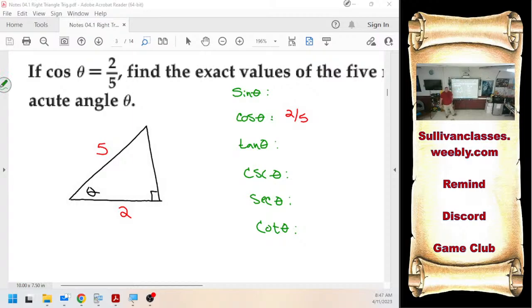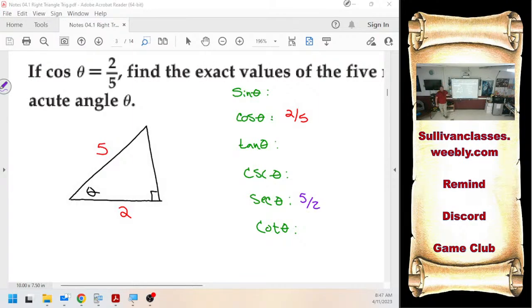Without doing any other math, what else could I find? Secant is going to be the reciprocal of that. 5/2.